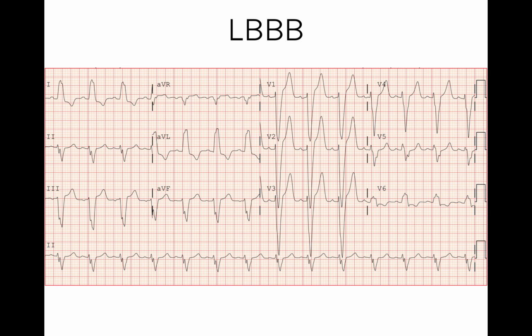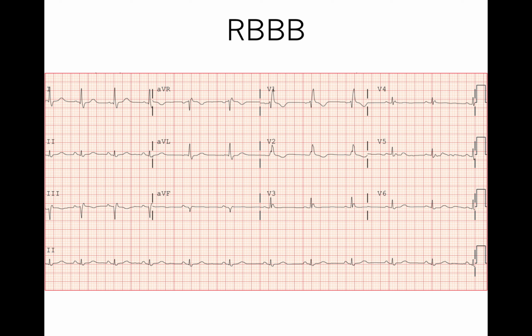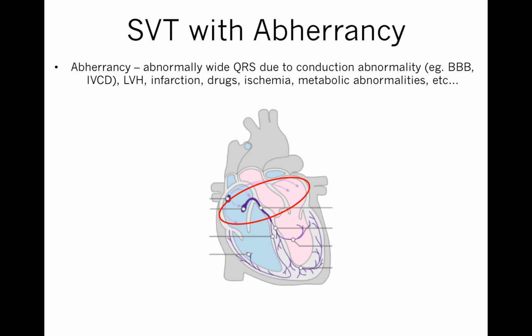But it's coming from the atria, not the ventricles. This is an ECG of right bundle branch block. Again, you see that the QRS is wide, and if this person goes into supraventricular tachycardia, they will develop a wide complex tachycardia because they have a wide QRS to begin with. So you can have SVT with aberrancy, meaning a wide QRS leading to wide complex tachycardias.